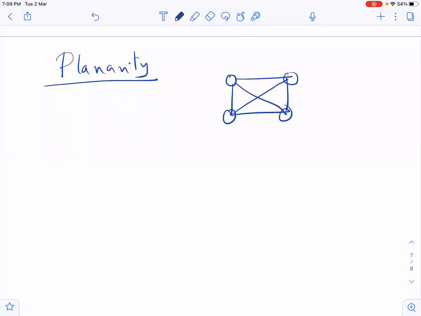Now when I draw this graph, how many vertices are there? 4. But when I drew it, the problem is that there is an intersection over here.